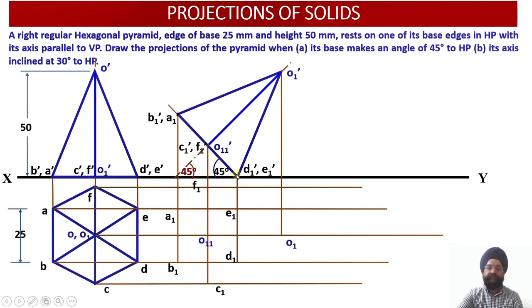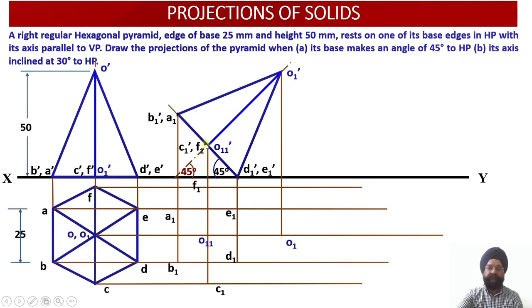For D1, you draw the vertical projector from D1 dash and draw the horizontal projector through the point D of the previous plan projection view. For E1, once again, draw the vertical projector through E1 dash and draw the horizontal projector through E. This gives us point E1.